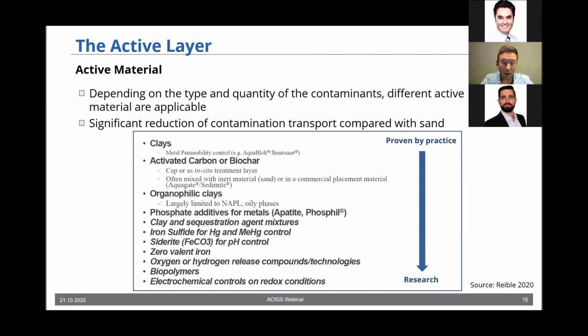We also deal with other things, like apatite, to create a barrier against heavy metals. But today we want to focus on the organic compounds, and therefore on these three active materials, which are proven by practice and demonstrated very well.